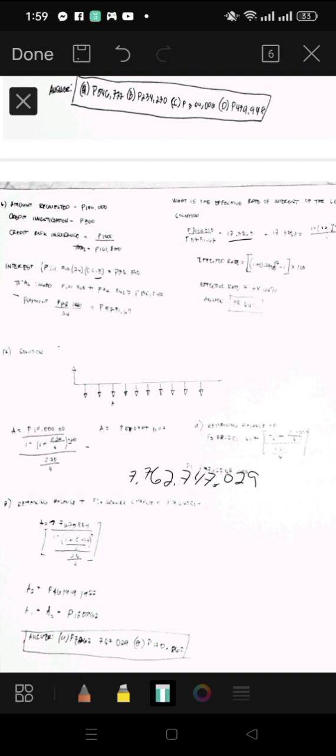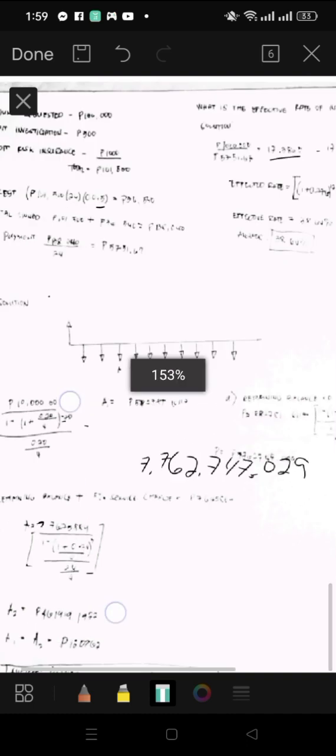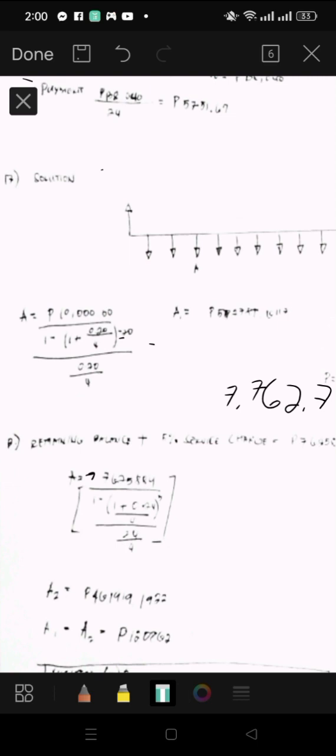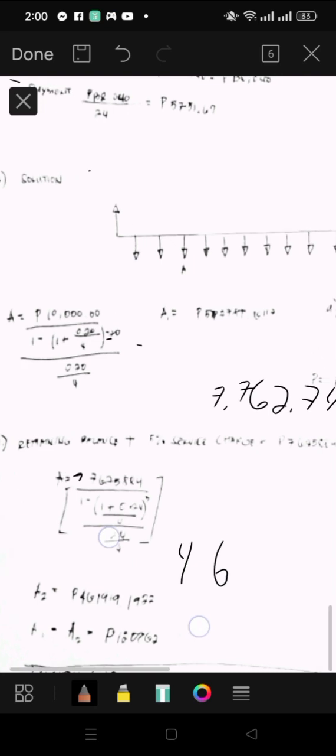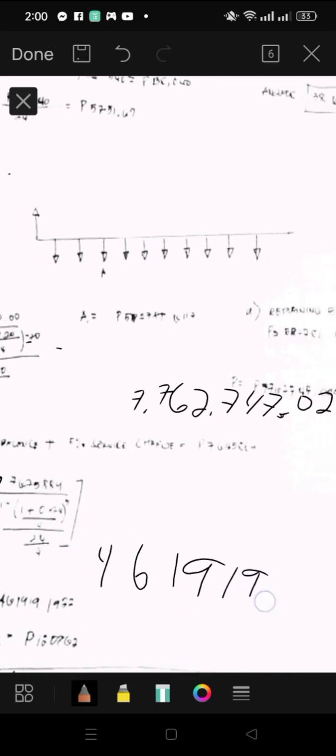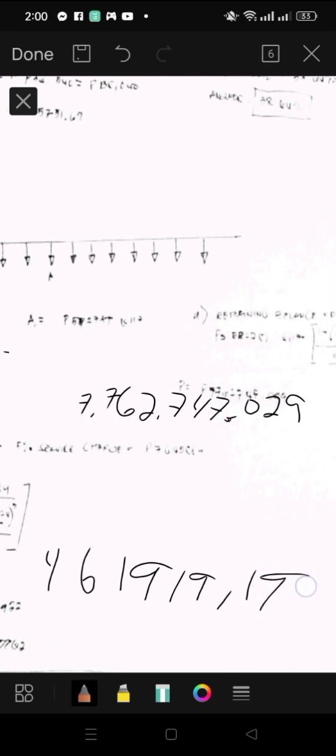So our solution is A equals the principal over quantity of 1 minus (1 plus 0.24 over 4) raised to the power of negative 80, over 0.24 over 4, which equals 461,919.9122.